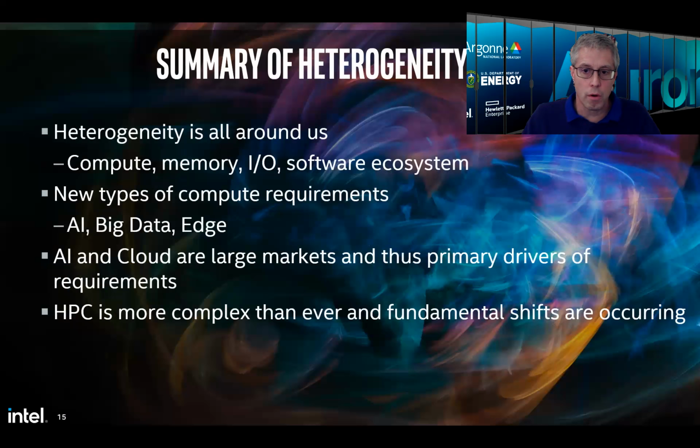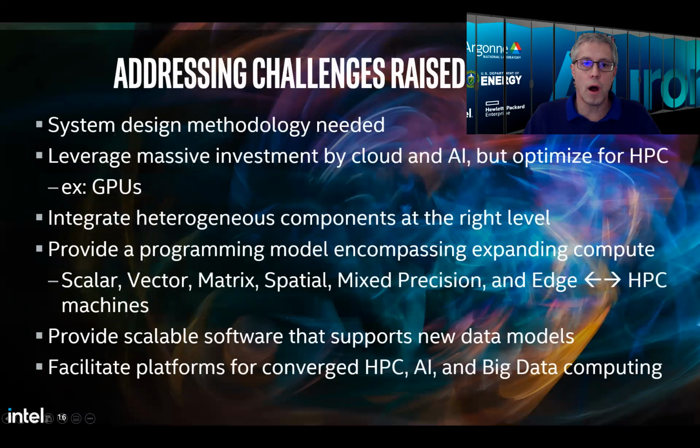And more, there's a lot of energy and effort being driven into AI and cloud. If you pull all of these together, it's clear that HPC is becoming more and more complex. So how are we at Intel addressing this? I think Aurora lays out a really good framework.